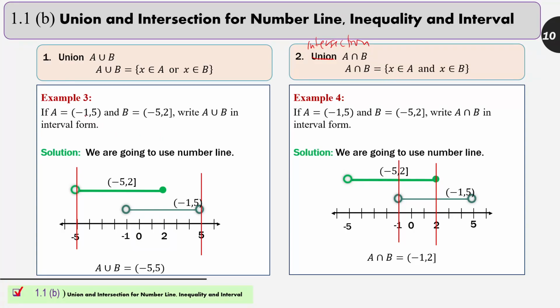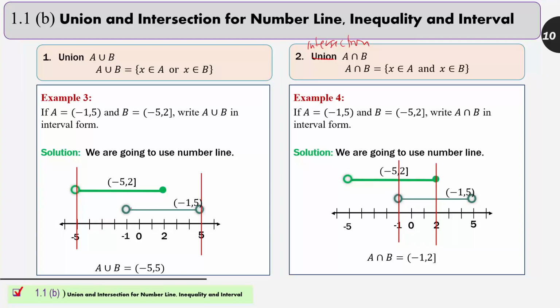For example, in this example 3, my set A is from negative 1 to 5, and my set B is from negative 5 to 2, inclusive of 2. The easiest way is to use our number line. This is our number line, negative 5 to 2 inclusive, that's why here is solid, and over here negative 1 to 5.